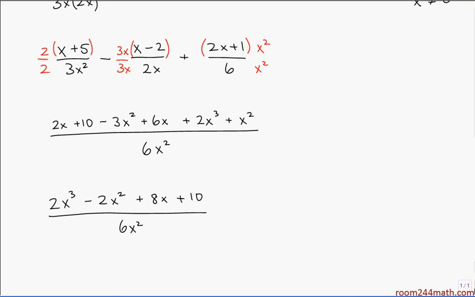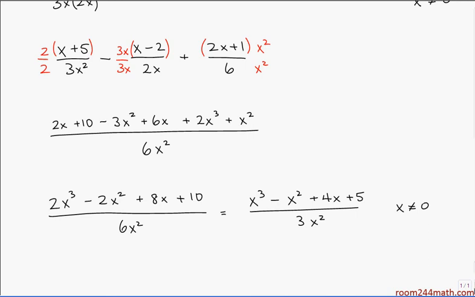And this is all over 6x squared. Now you can see that every single coefficient is even, so we can take out a factor of 2. Cancel out the factor of 2 from both the numerator and the denominator, and we're left with x cubed minus x squared plus 4x plus 5 all over 3x squared. And again, the restriction: x not allowed to equal 0.